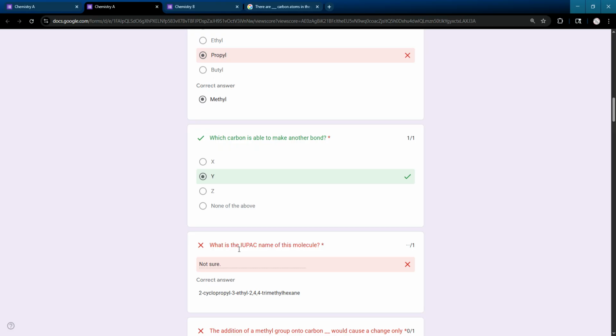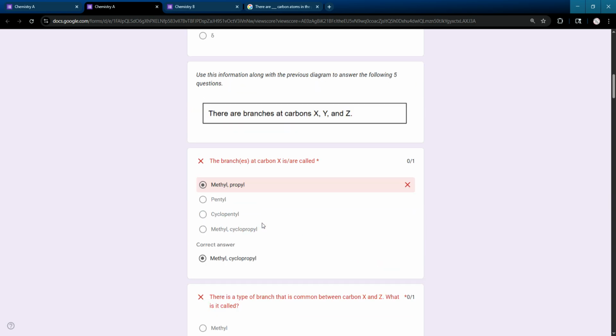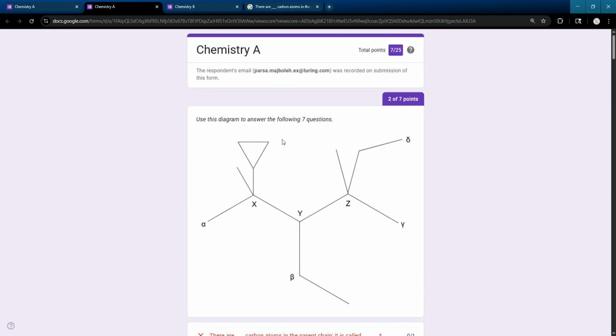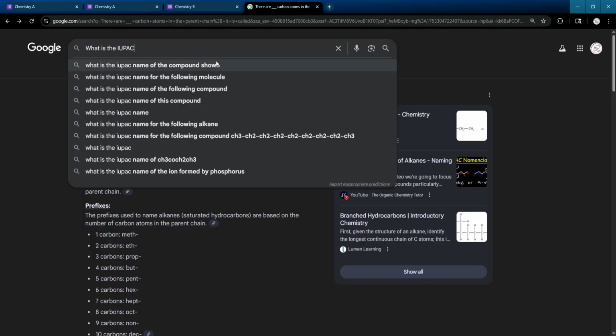So maybe we could look this up, see if we could figure it out. It says 2-cyclo, 3-ethyl and 4 trimethylhexanes. So I guess you get the name based on the shape. So we need to know how to read the shapes.